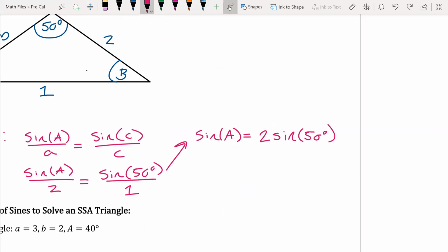Okay. Well, next, in order to solve for angle A, you have to get rid of that sine function. So the only way to do that is to apply the what? Inverse sine. The inverse sine. And here we get the inverse sine of 2 times the sine of 50 degrees. And somebody punch that in a calculator and tell me what you get.